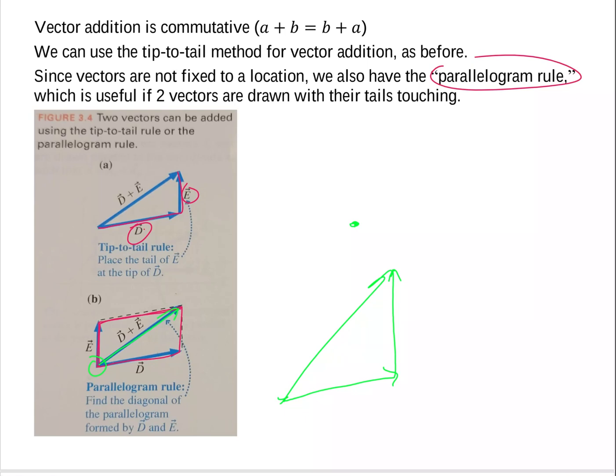I can do it over here, vector D, vector E, wind up with the resultant vector. These are all the same. This one here, this one here, this one here, this one here, those are all the same. There's no set location for where you start, okay?